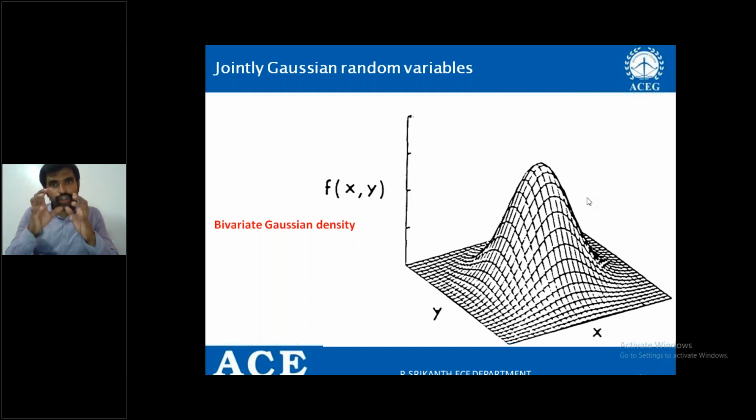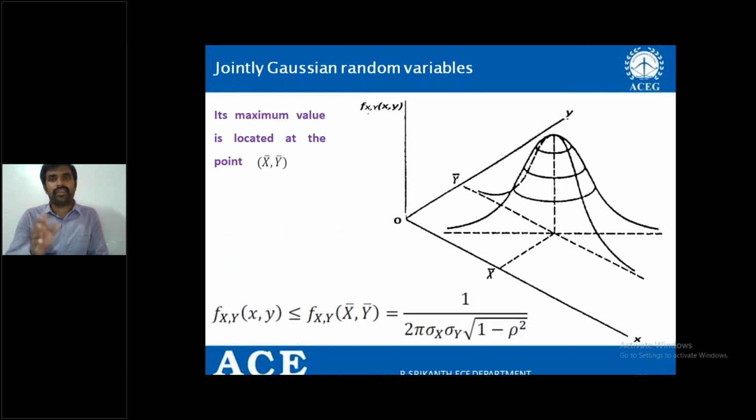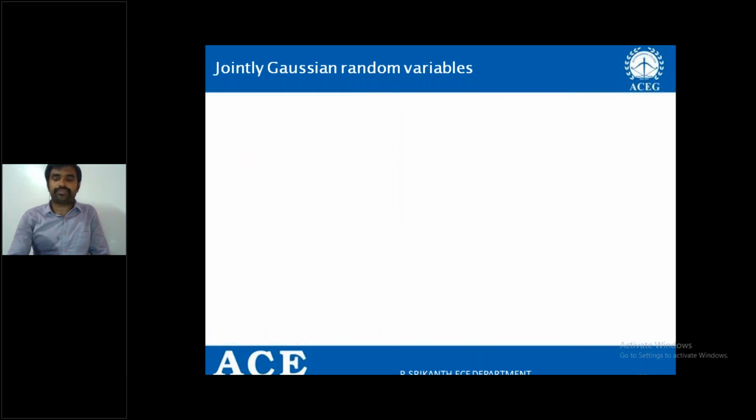If you look at the picture, it can be understood like this. Its maximum value is located at which position? It is located at the point x bar comma y bar, the mean values of the two random variables. At that point you have the maximum value. That is the hat, and the hat peak value exists at x bar comma y bar, right?